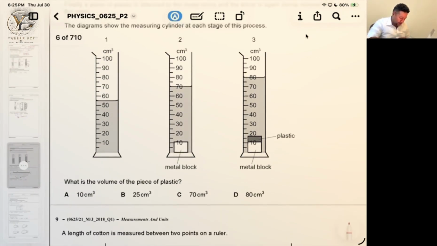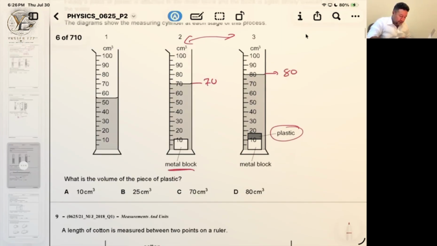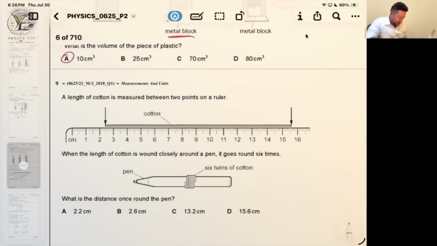What is the volume of the piece of plastic? The piece of plastic makes the change only between 2 and 3. No need for finding the measuring of the metal block. If we take the reading here, it is 70, the reading here is 80. The difference between them is due to the piece of plastic. So 80 minus 70 is 10. So the correct answer is letter A.